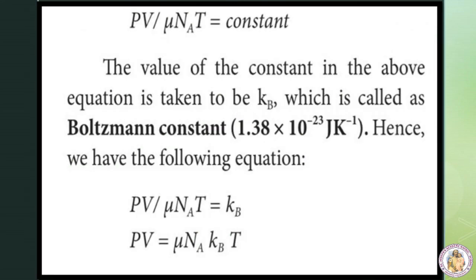The value of the constant in the above equation is taken to be K_B, which is called the Boltzmann constant. The value of the Boltzmann constant is 1.38 times 10 to the power minus 23 joule per kelvin. So PV by mu N_A T is equal to K_B, because it is the Boltzmann constant, so in place of the constant we write K_B. The next step: PV is equal to mu N_A K_B T.